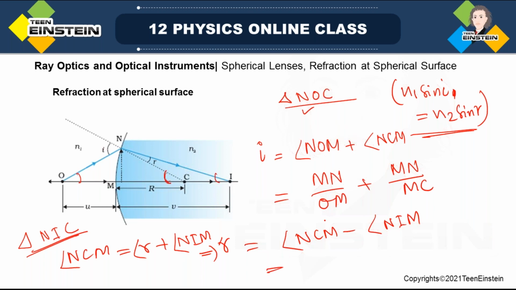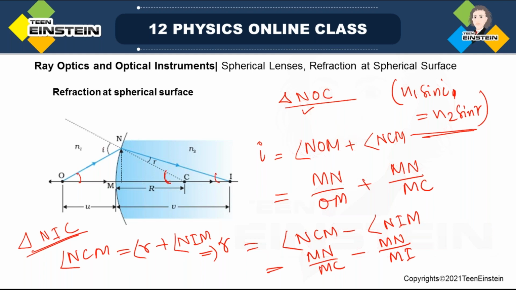NCM we know, it is again MN by MC, and NIM is MN by MI.